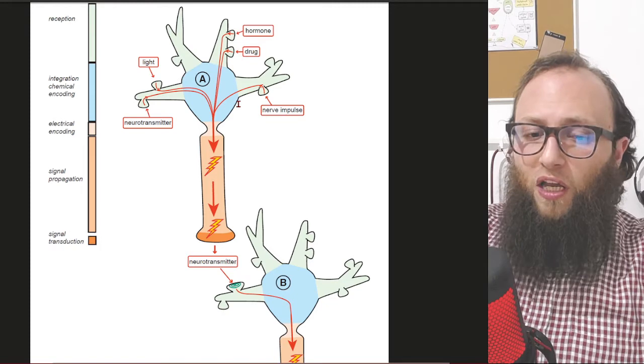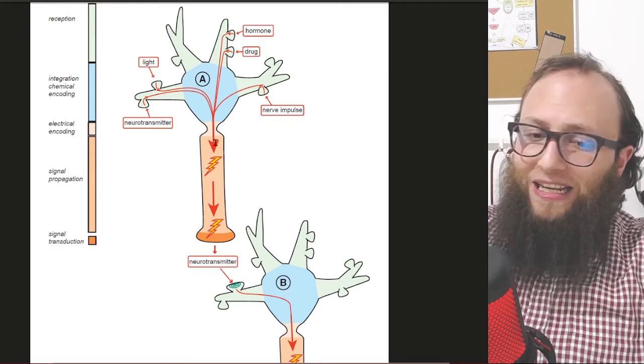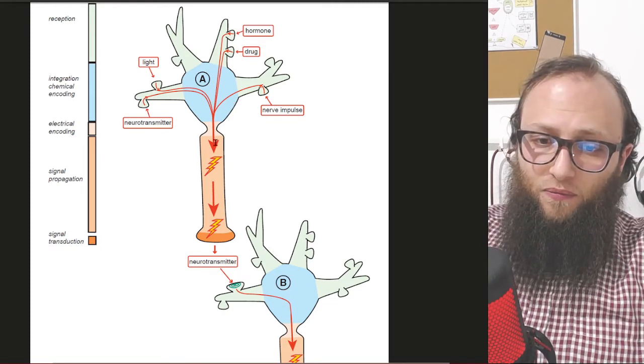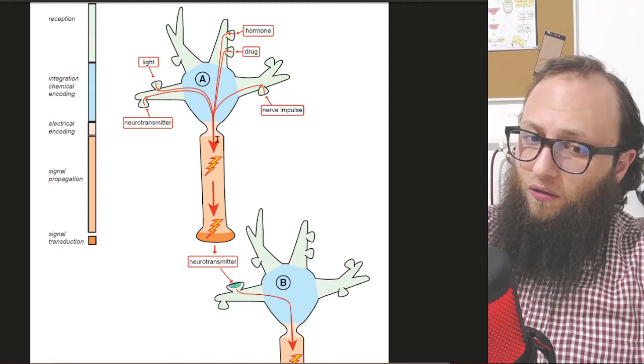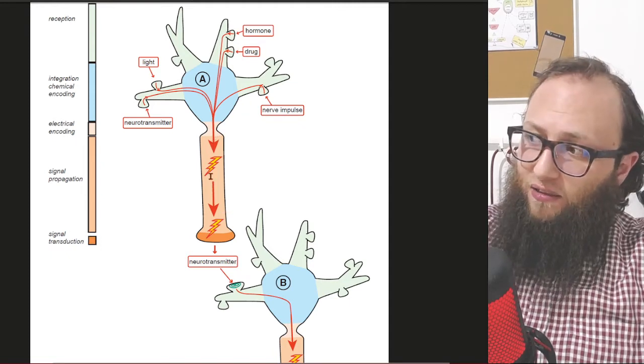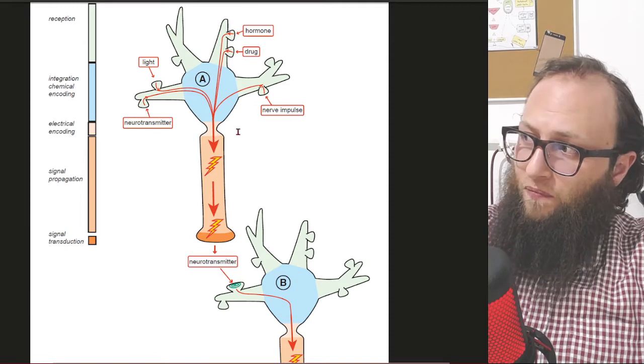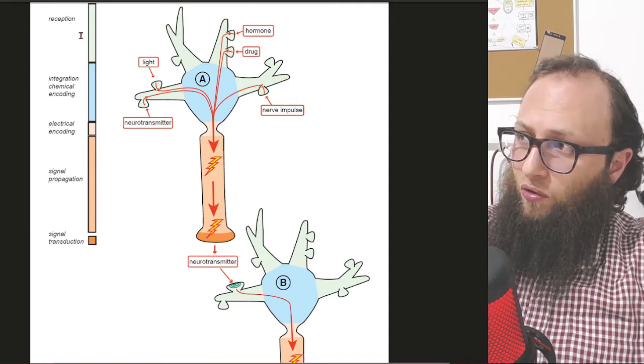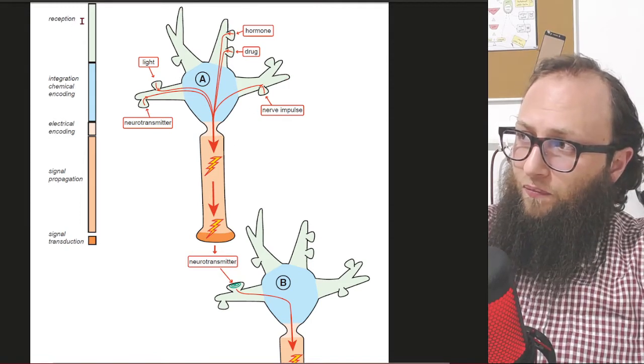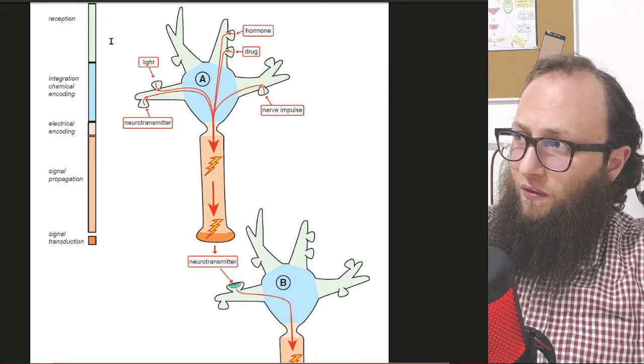This stimulation causes an electrical impulse to be sent to its axon terminals via the axon, of course. We receive the impulse mainly by the dendrites.